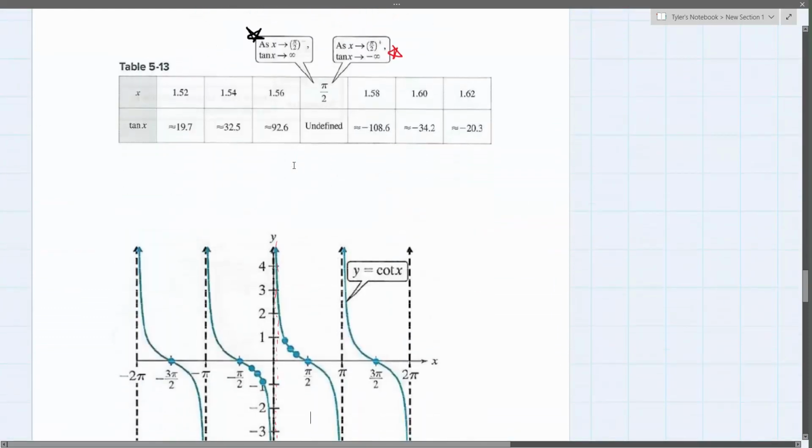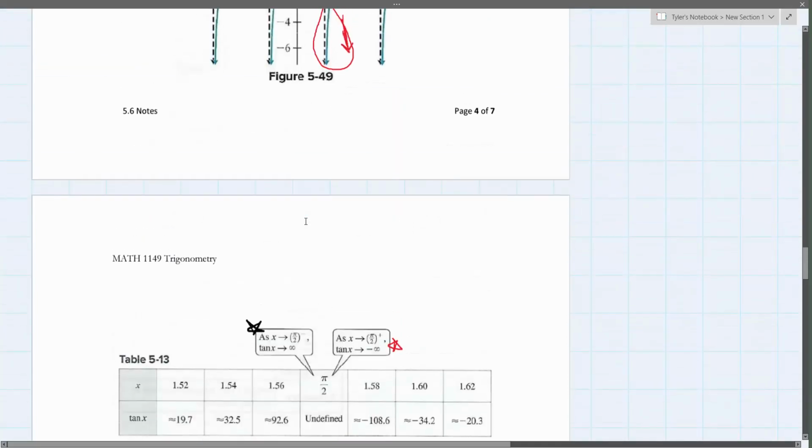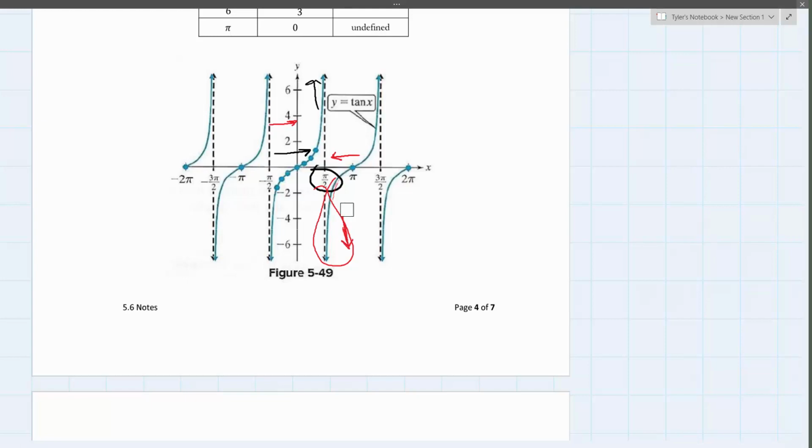So some things that are different is it looks like it's shifted to the right, pi over 2 units, and then also reflected about the x-axis, right? So if you can imagine taking this dashed line and bringing it over here, let me do some erasing here.